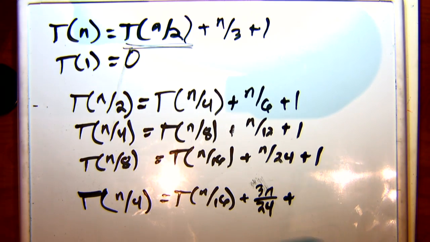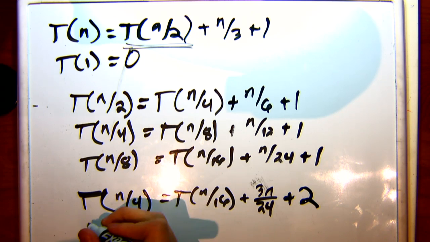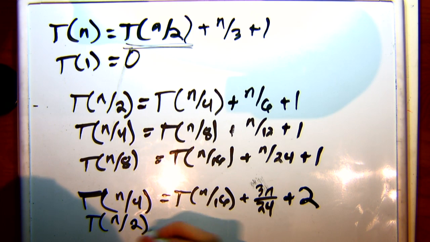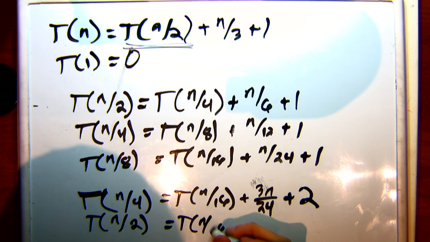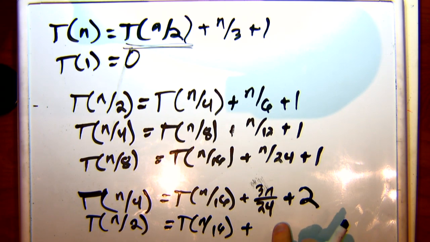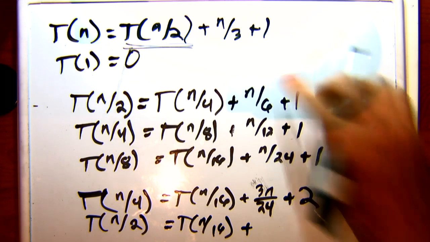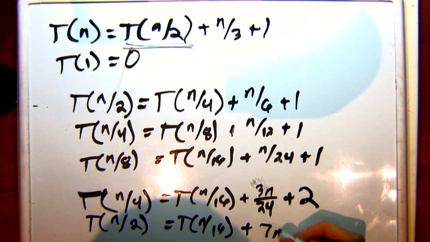So this is actually plus 2, because we had 2 1s there. And this is 3n over 24 plus n over 6. That's going to be 7n over 24.